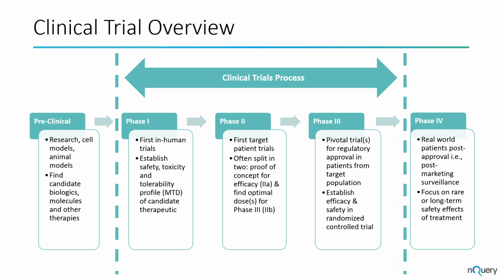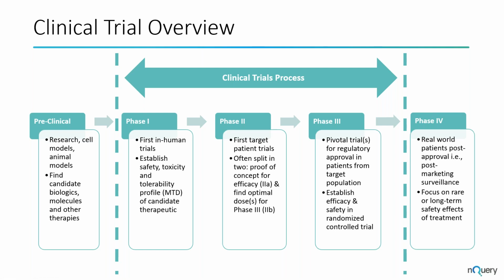Here, there will usually need to be sufficient evidence of efficacy and safety in 2 randomized control trials or 1 large global trial. And then finally, phase 4 is conducted after a drug has gone to market.